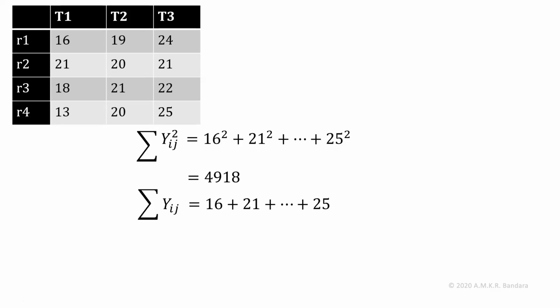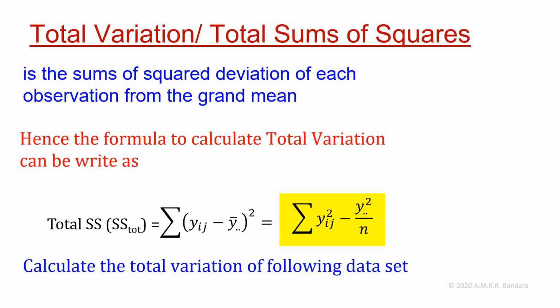Then, according to our formula, we have found this part as 4980. Now we want to find this part. In order to find it, y dot dot means the grand total, so you need to find the grand total first.